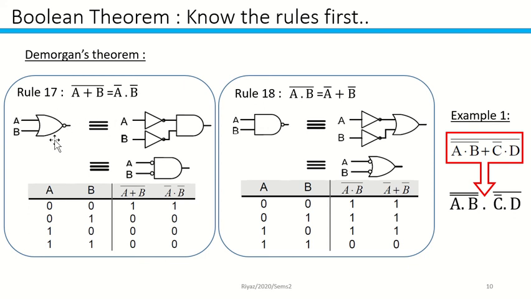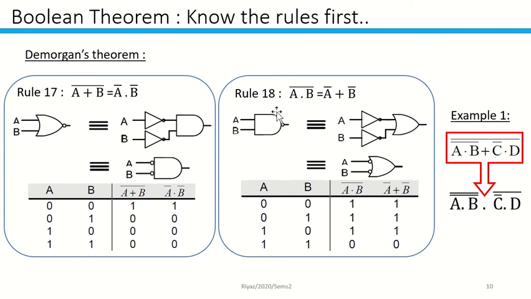So this is the NOR gate. You're going to have the similar output if you use this one or this one. But here, you only use 2 gates, whereas over here you need 1, 2, 3 gates to get this particular result.